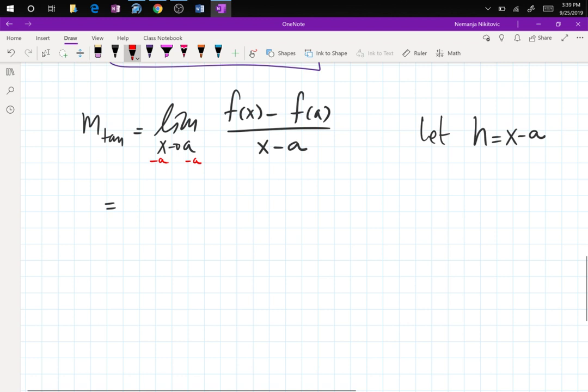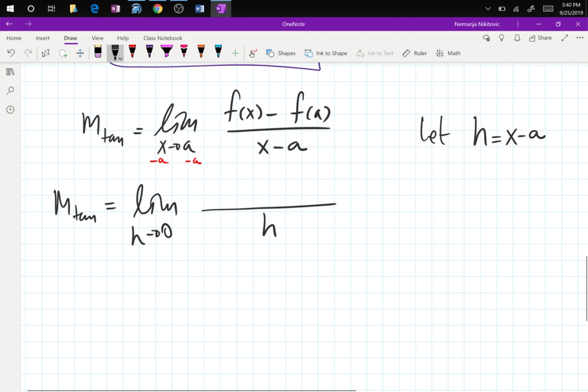On the right side I have a minus a. So this m tangent now is going to be the limit as h goes to 0. Because you have x minus a, and we said x minus a is h. And then on the other side of the arrow you have a minus a. Well, that's 0. Now, the denominator is easy. x minus a we defined as h. So we're good there.